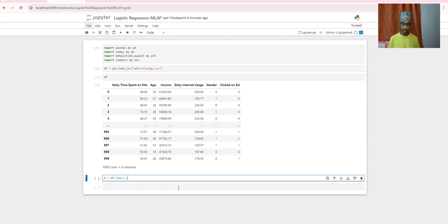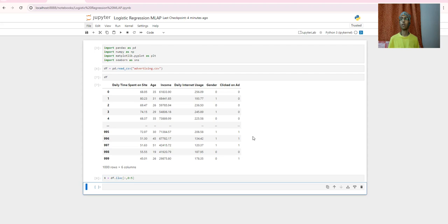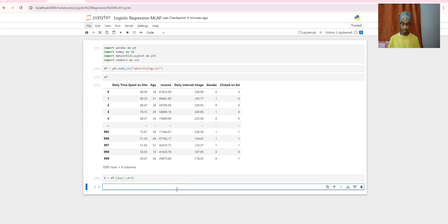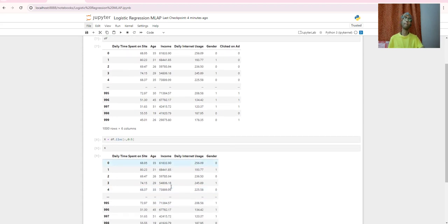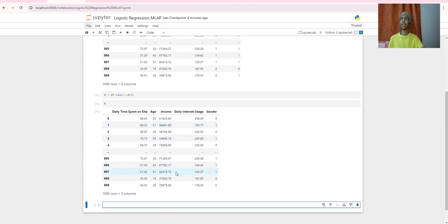So for that we write 0 till 1, 2, 3, 4, 5. 0 till 5. Let's see. Yes, all the columns have been isolated.